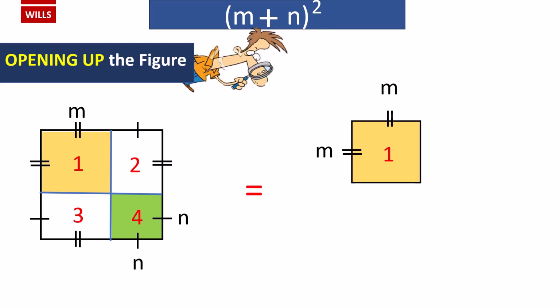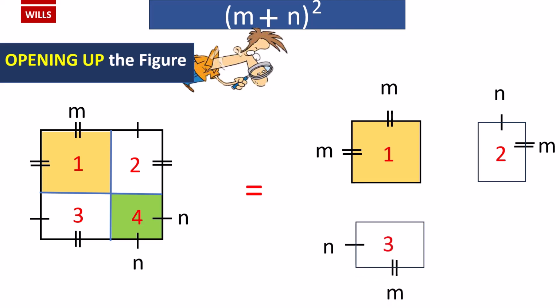So 1, 2, 3, and 4. These 4 shapes come together to form the bigger shape.